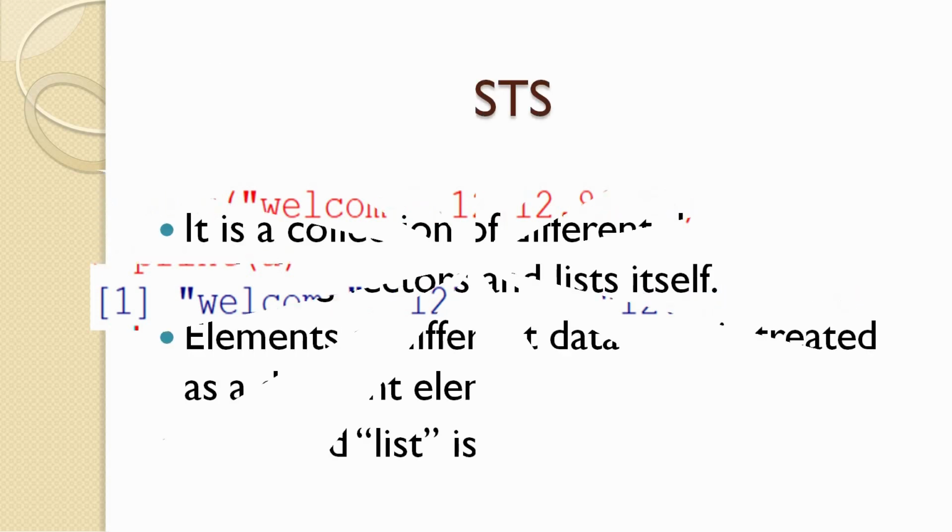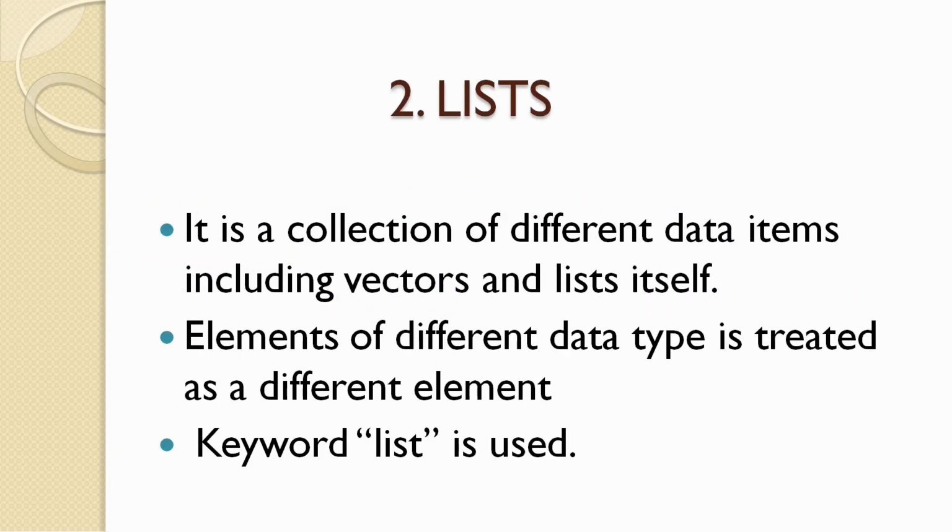The next data type is lists. It can be defined as a collection of different data items including vectors and lists themselves. As we see, in vectors we have different elements, but a vector cannot contain a vector, whereas a list can contain a list and a vector itself as an element. In order to define a list, we use the keyword list followed by parentheses.